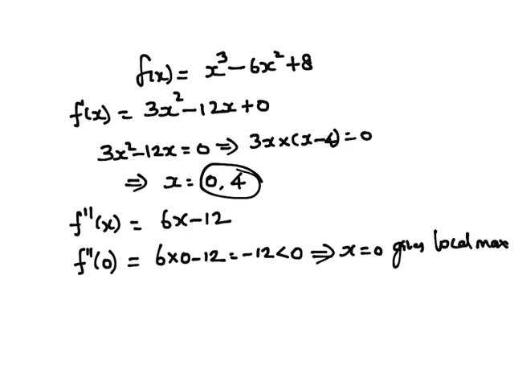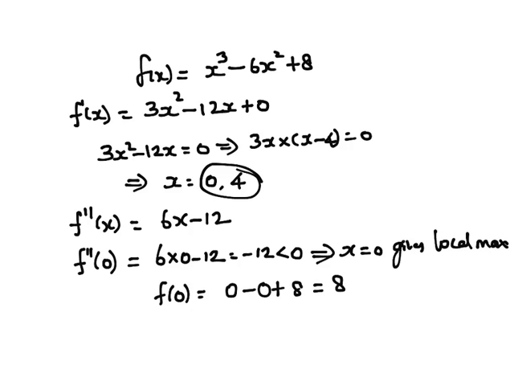Right? Now, can I find the local maximum value? Definitely I can. I have to substitute the 0 in the original function. So f of 0 equals 0 minus 0 plus 8. So this 8 is the local maximum value.